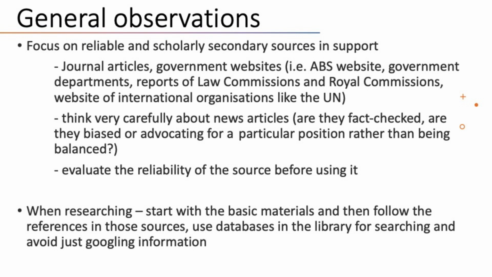The relevant websites of government departments or ministries, again, can be a useful source of information. And reports of law commissions across the states and territories also often have a great deal of very thoroughly researched information. And of course, we've got royal commissions, such as the recent Royal Commission into Aged Care, for example, or the Royal Commission on the use of police informants in Victoria.